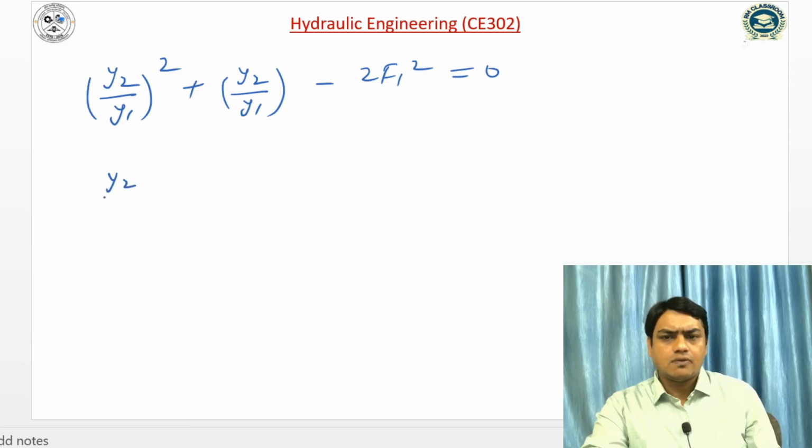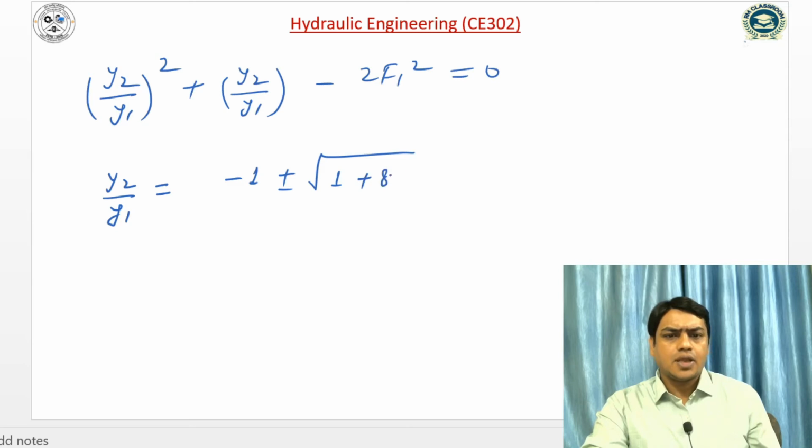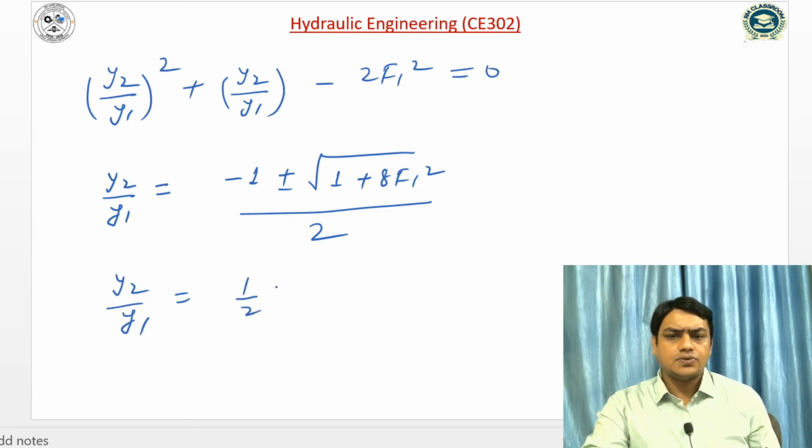So y2 by y1 is equal to minus b, so it will be minus 1, plus minus square root of b square minus 4ac, so it will be 1 plus 8 F1 square, divided by 2a, so it will be 2. So y2 by y1 is equal to 1 by 2 into minus 1 plus minus square root of 1 plus 8 F1 square.